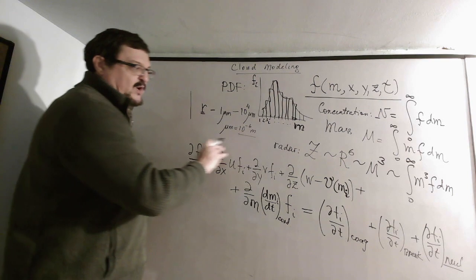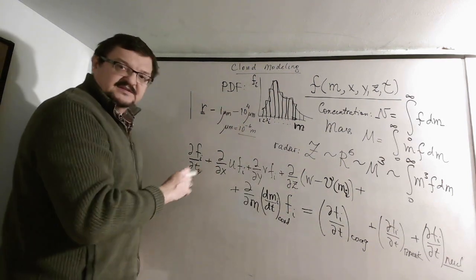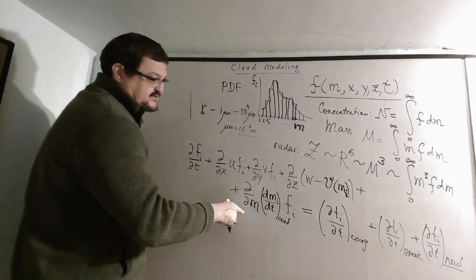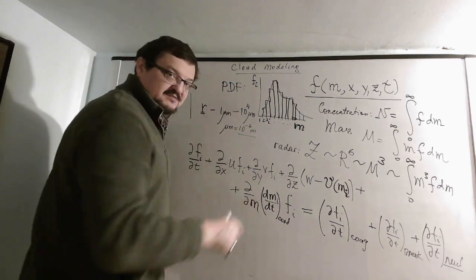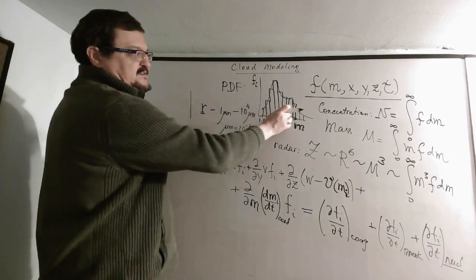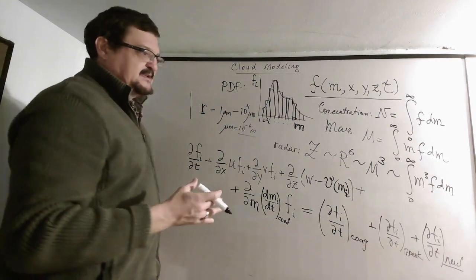So you have 100 equations like that to solve. Each of those bins needs to be transported in three-dimensional space, and then for each of those bins you also need to transport them in size. So you mean how are they transported? They are fixed, right? Well, yes, they are fixed, but that's the thing. It's like a grid.